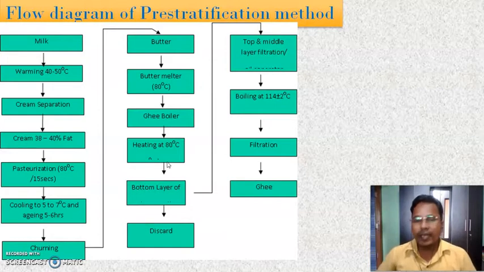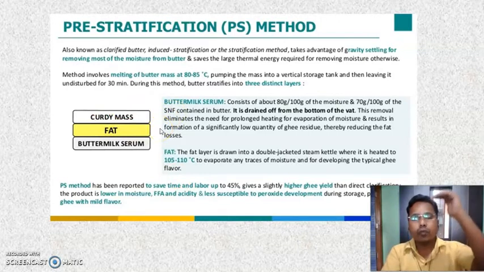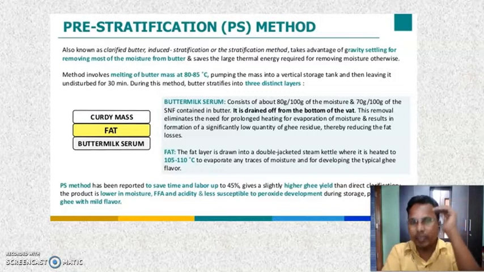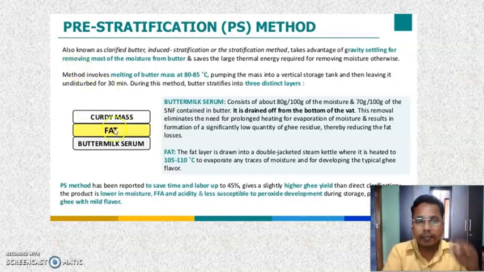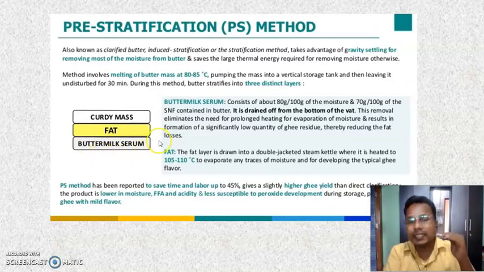The first layer is curdy mass, which is formed over the surface of that butter or that ghee. Okay, and the middle part is called the fat, whereas the lowermost part, that is the bottom part, is called the buttermilk syrup.